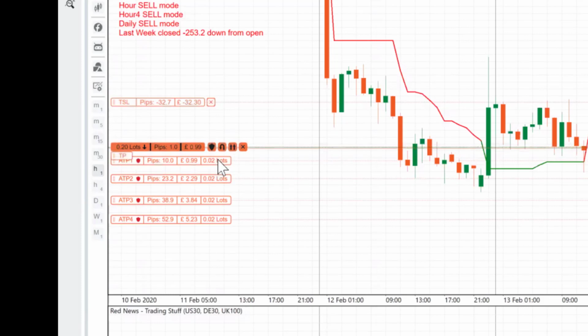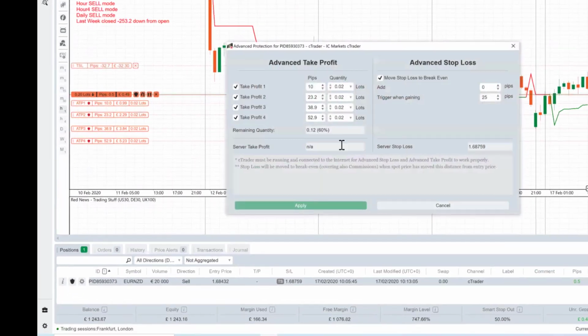But you will see here it hasn't adjusted each of these advanced take profit. So if you then wanted to up these at all, you'd need to come back here and adjust them. So I could make this 0.4 to take into account the fact that I've just doubled my stake size.